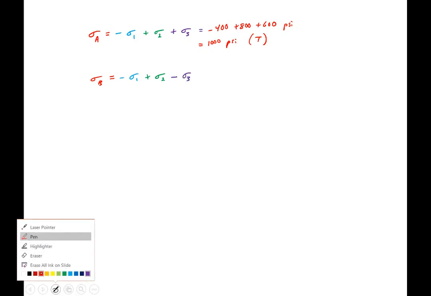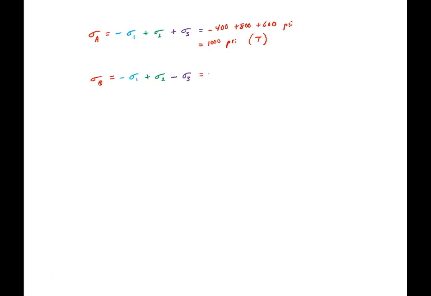And if we then add those up, I'm going to have a minus 400, a plus 800, and a minus 600 psi. So if I add those up, I'm going to get negative 200 psi. So that's a compressive load because it's negative. All right. And what I'd like you to do is do the same thing for the other two corners. So if you would, just pause this a moment and see if you can make sense of what kind of signs you'll get for the other two corners, C and D.